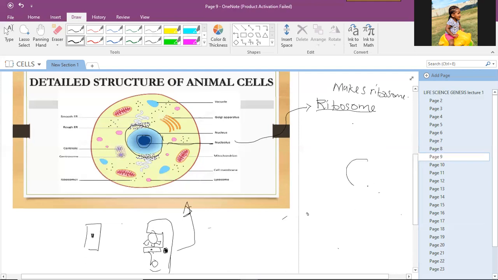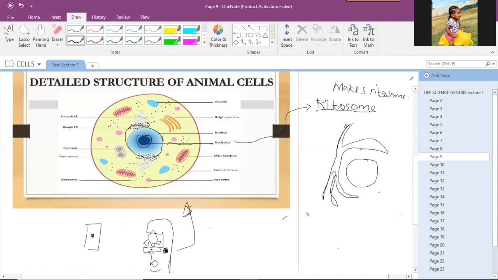So I've got the nucleus. Just outside the nucleus, you've got a weird flat-like structure. This weird flat-like structure here is known as an endoplasmic reticulum.